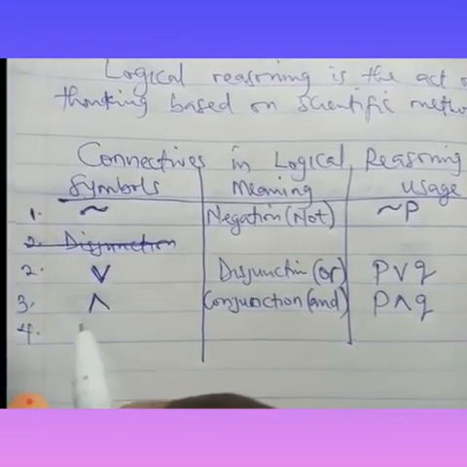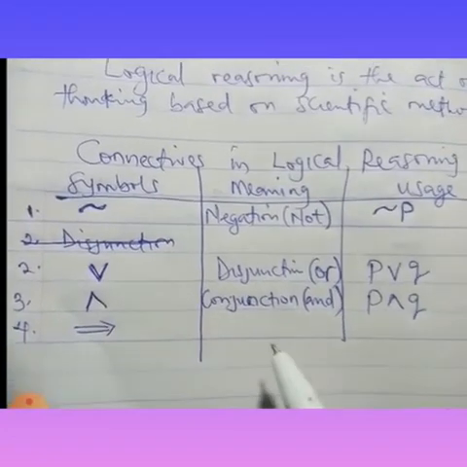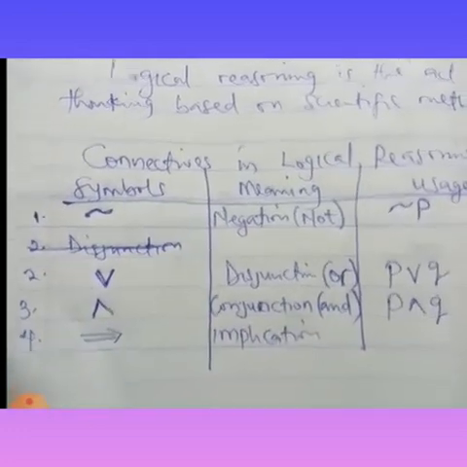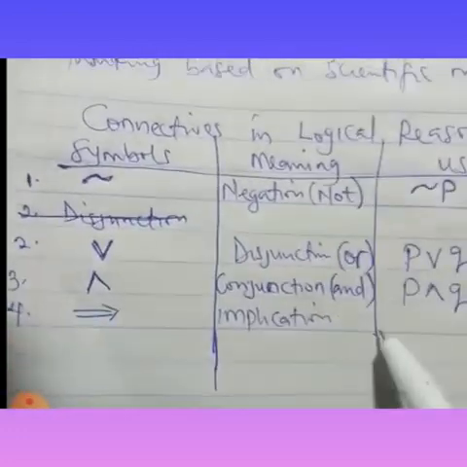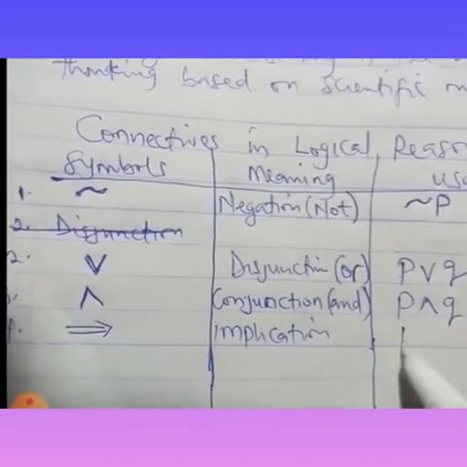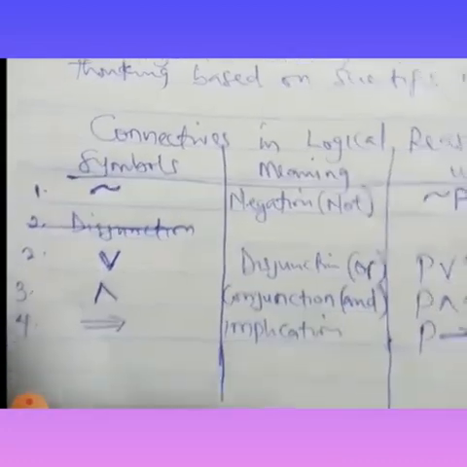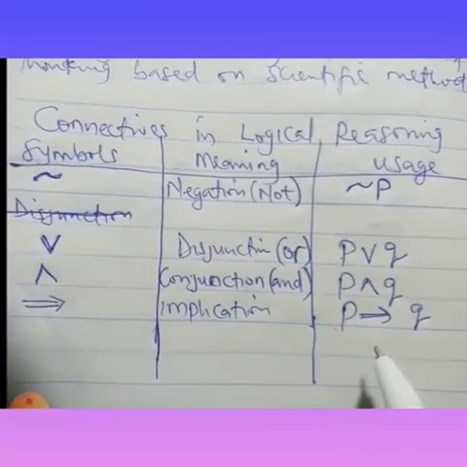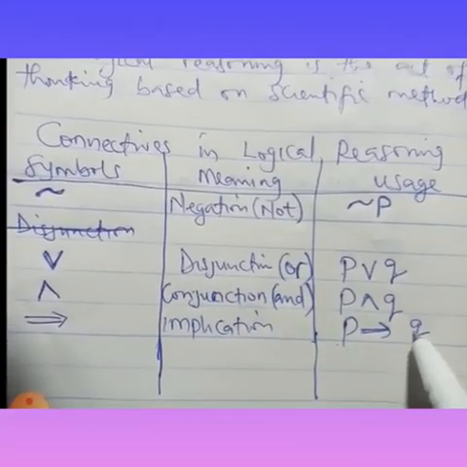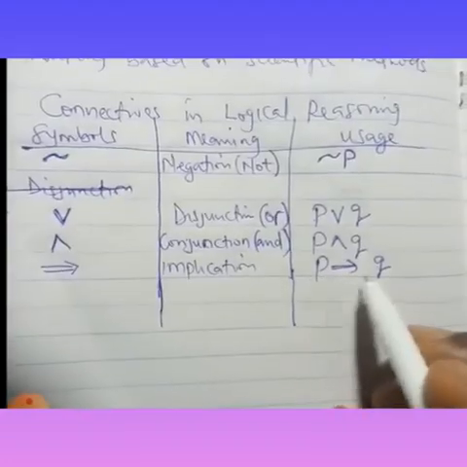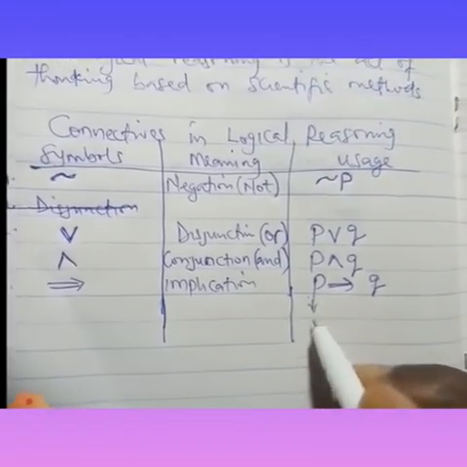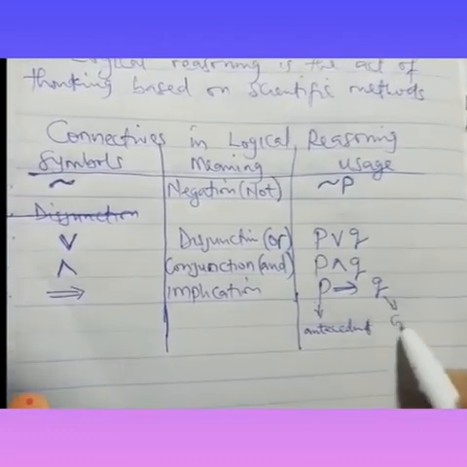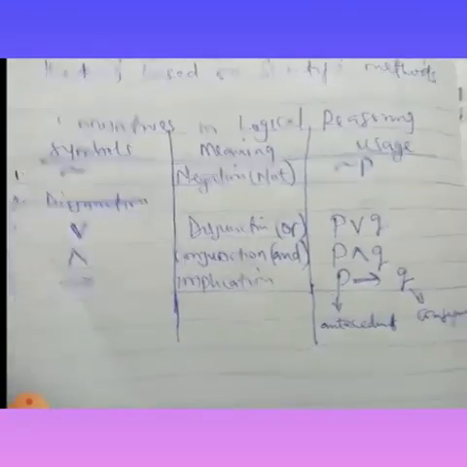Then the next one is implication. So this one is a conditional connective, means implication, that is P implies Q. So here, for P to imply Q, it means if P, then Q. P here is called the antecedent, while Q is called the consequent.